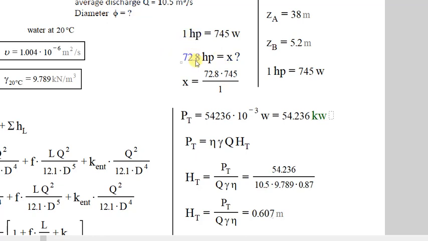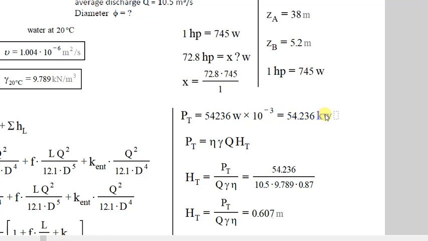So how many watts will it be? You can directly multiply them, so it will be something like 54,000 watts before we multiply. Then if we multiply it by 10 to the power minus 3, it will be 54.2 kilowatts.